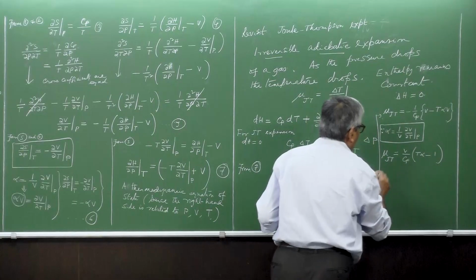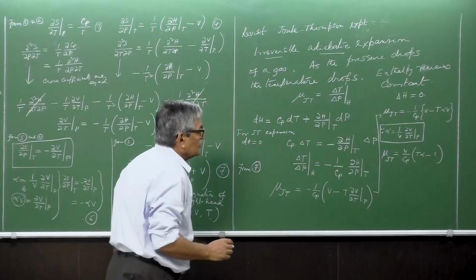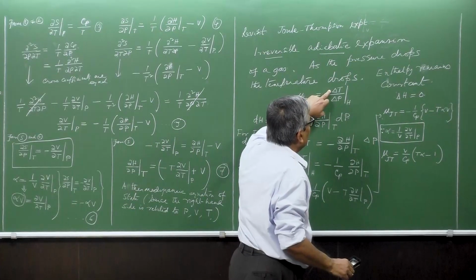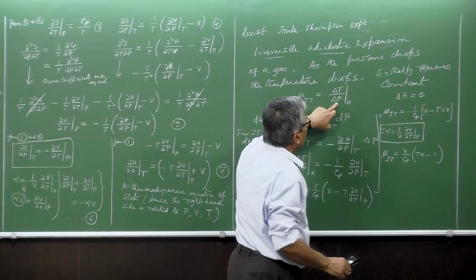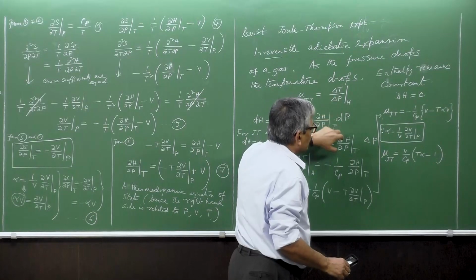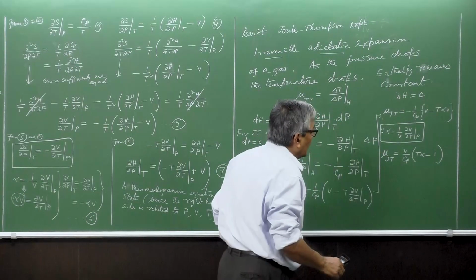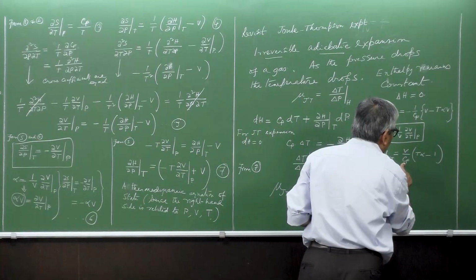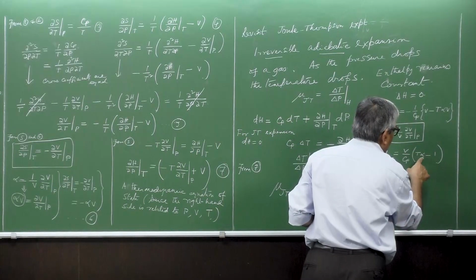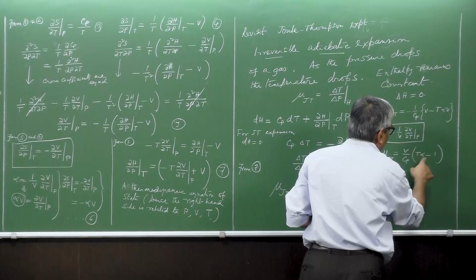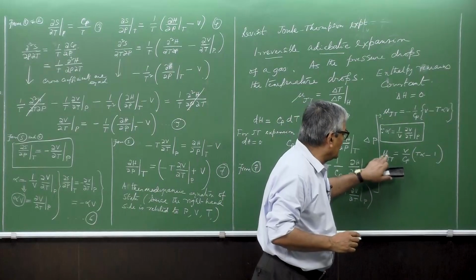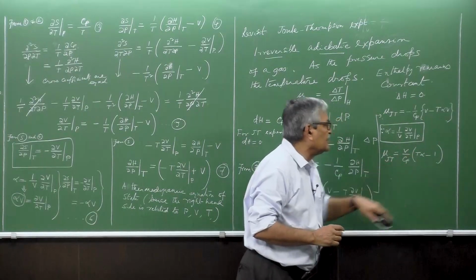The Joule-Thomson coefficient is a measure of how much the temperature drops as the pressure difference is created, or you lower the pressure. So it is volume divided by Cp and times T times the expansion coefficient. And you see that there is a provision for this coefficient to become negative.